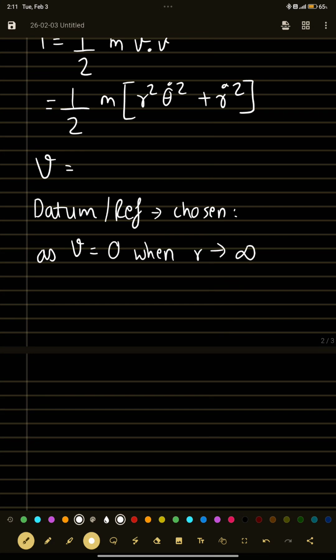So when this particle is very far away from the planet, the potential energy between the planet and the particle is chosen to be 0. Now let's say you slowly start bringing the particle towards the planet.